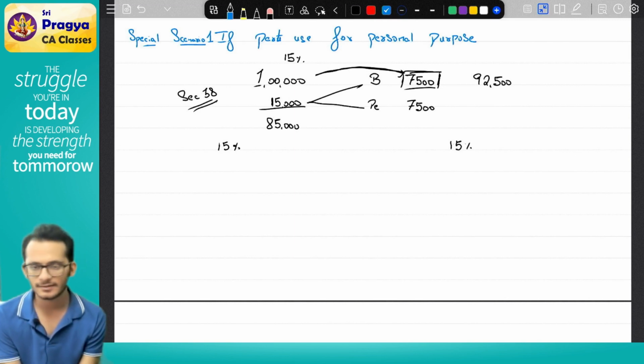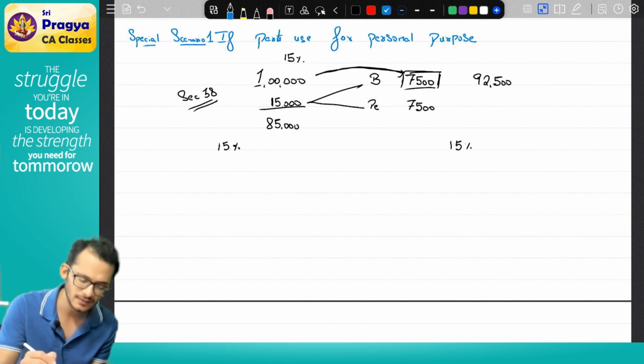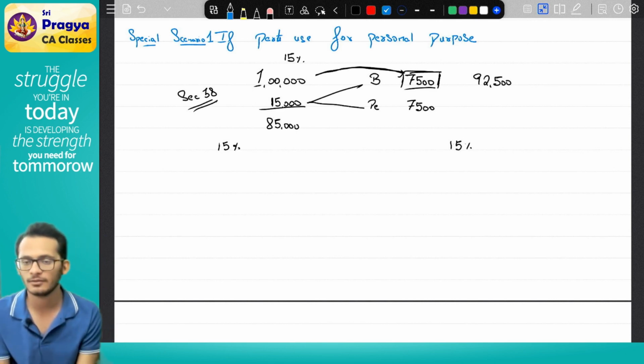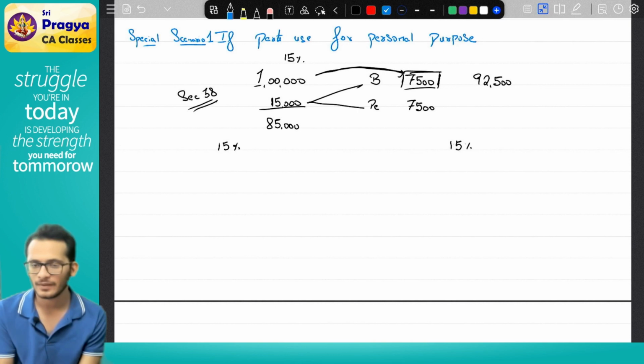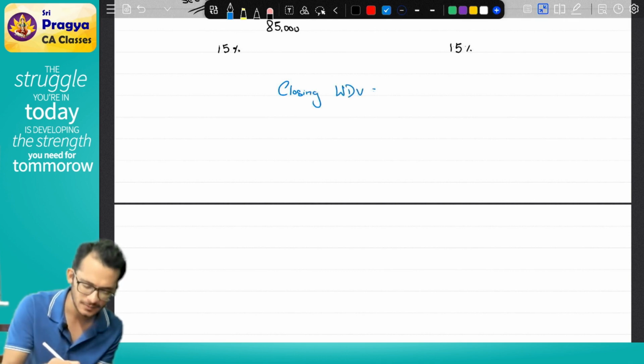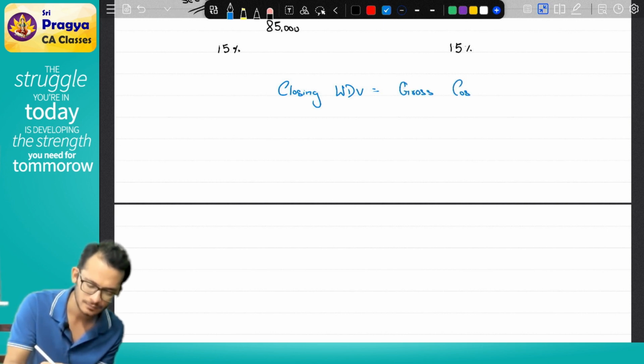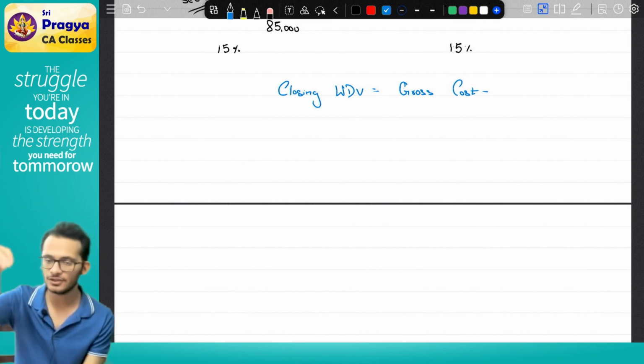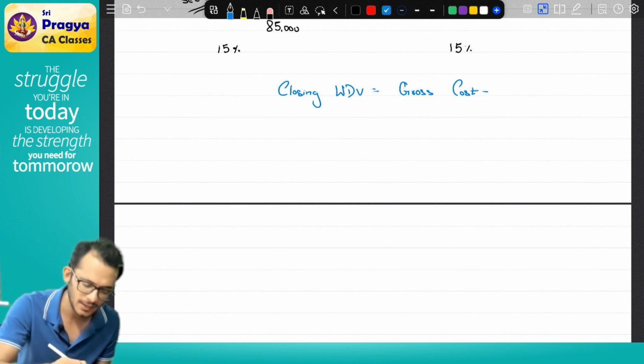Yes, logically, yes. Unfortunately, what happened is when income tax was being drafted, they drafted it very wrong. The section says closing WDV means the gross cost. What is gross cost, ma? The opening plus additions minus sale. Gross cost minus depreciation actually claimed.